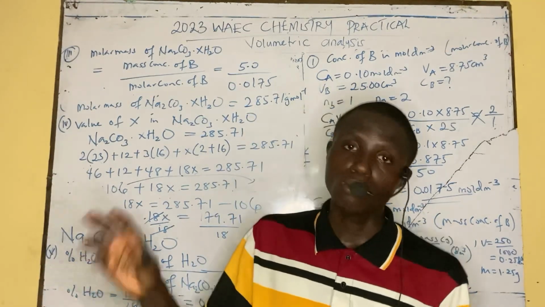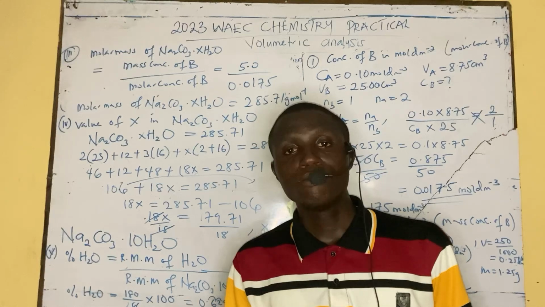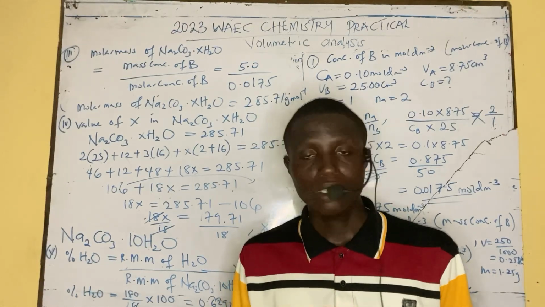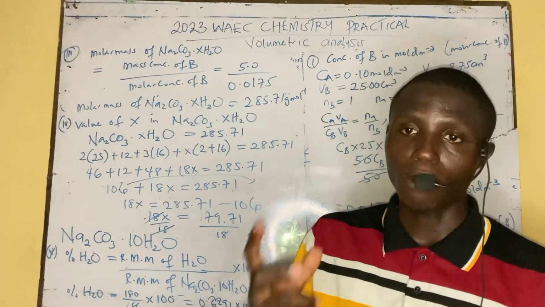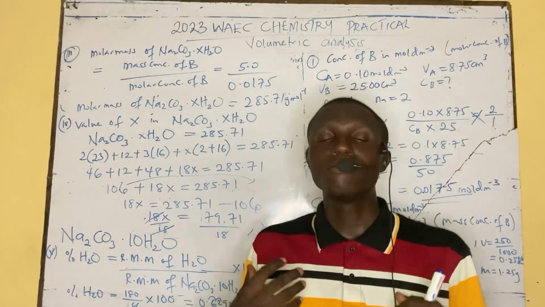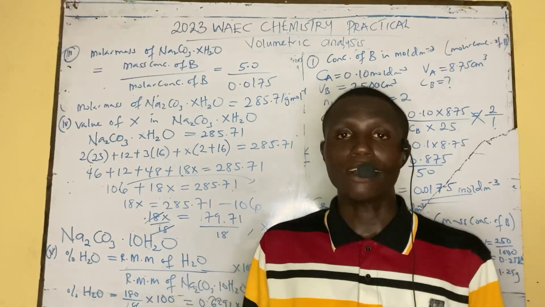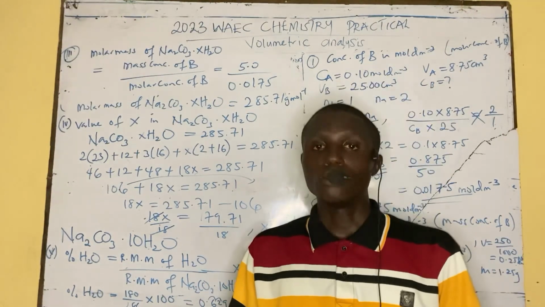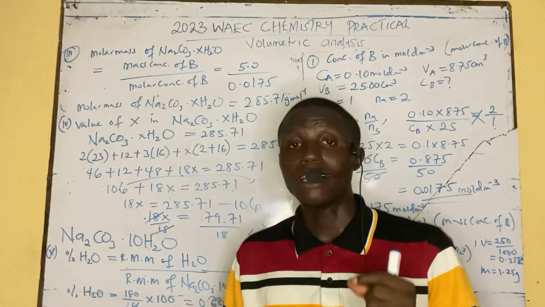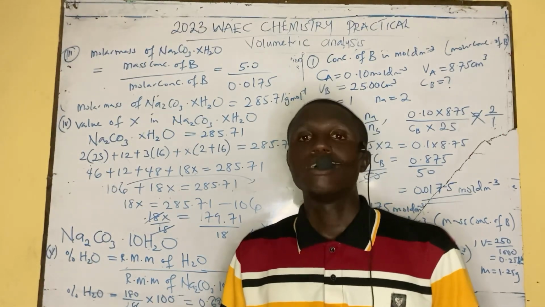Don't use the YouTube average volume of acid. Use that which your teacher used to teach you in class, because it's going to give WAEC feedback on the material presented for you to do your exam, and they are going to use that to mark your script.